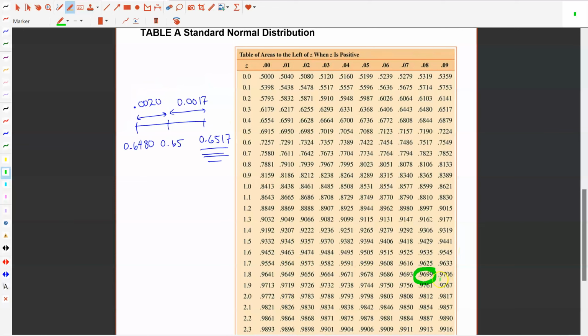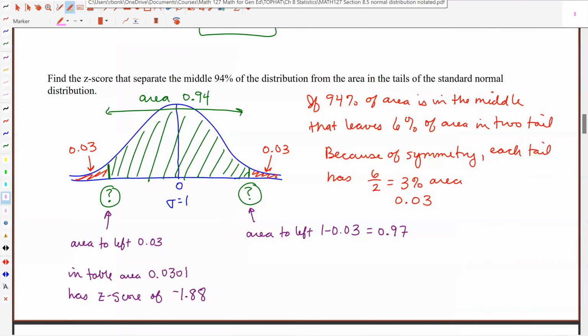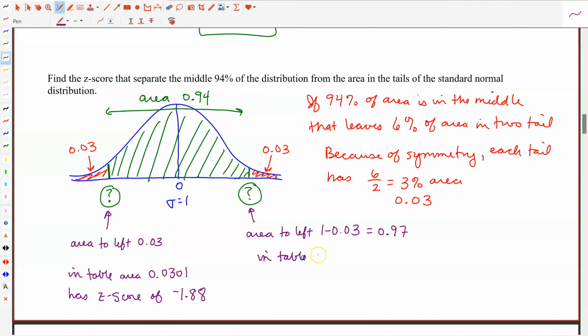The next one after that is 0.9706, which is a little bit further away. So that corresponds to a z-score of 1.88. So we found in the table that the area of 0.9699 has a z-score of 1.88.